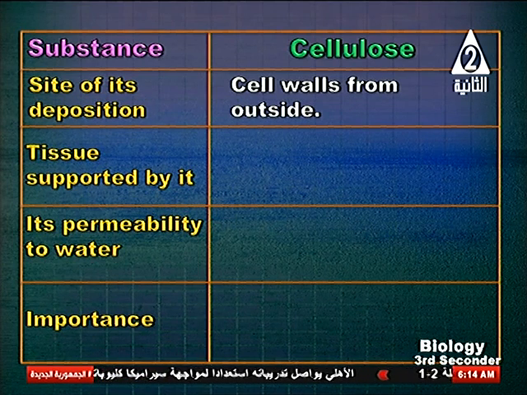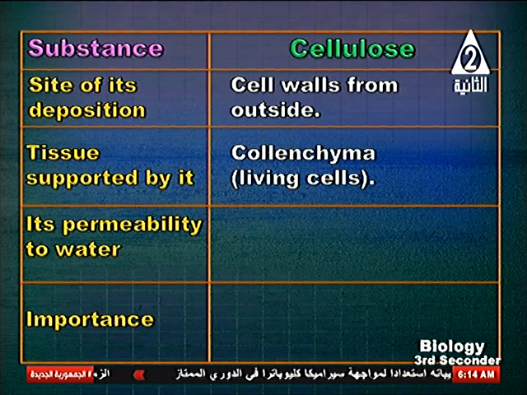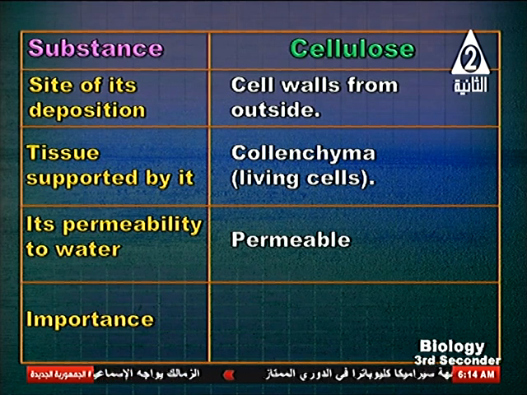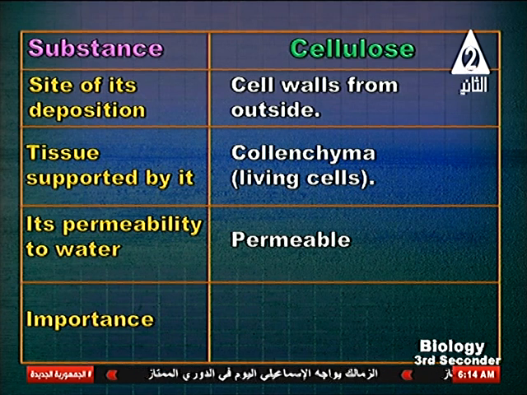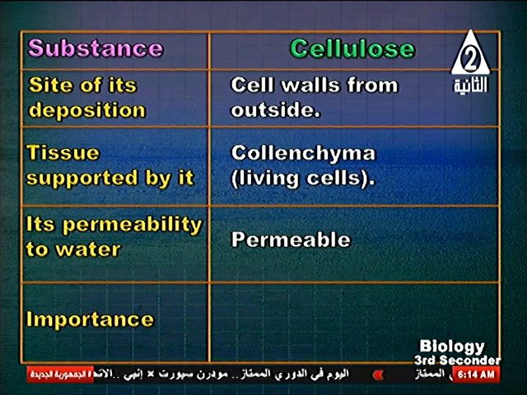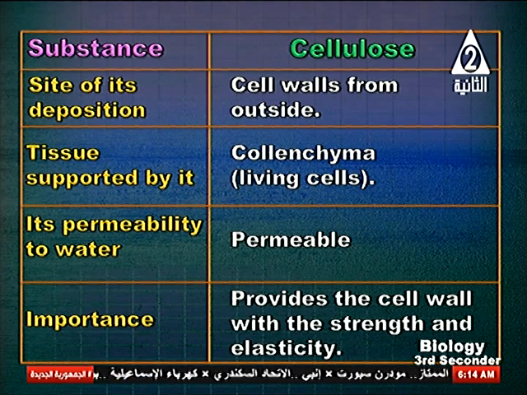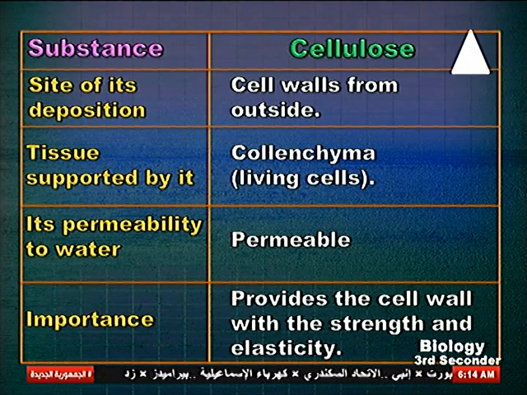Cellulose is present in the cell walls from the outside, present in collenchyma, which is living tissue. Cellulose is permeable to water because it is formed from irregularly distributed fibers that make pores inside. Its importance is to provide the cell wall with strength and with elasticity or flexibility.